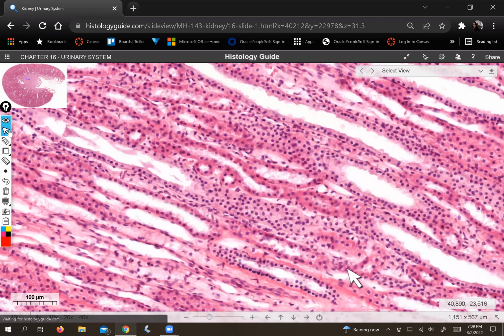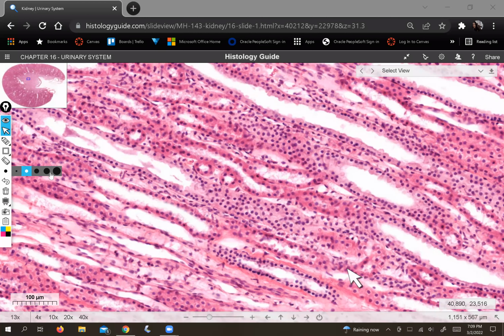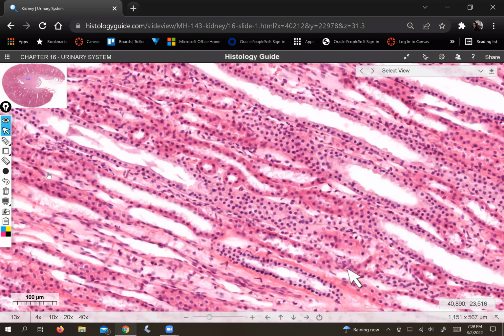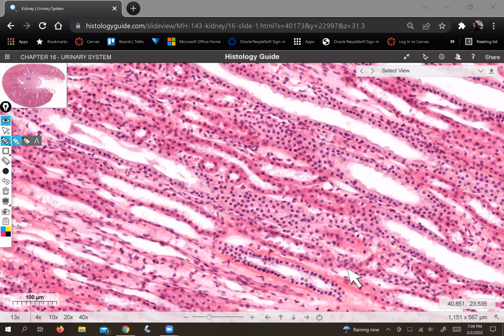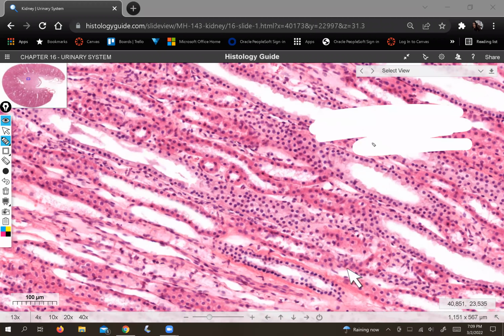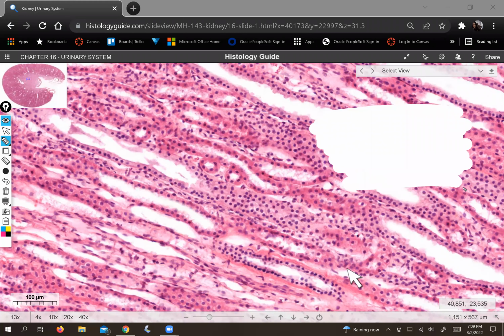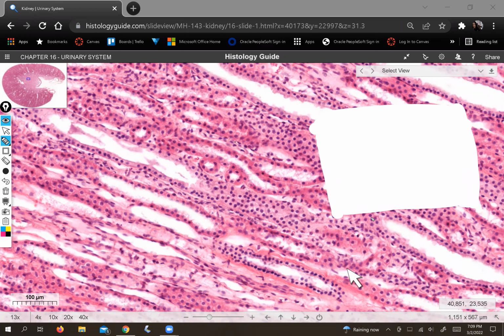Let's actually zoom out just a little bit. Okay, so first things first, it's helpful to make a list for yourself of, okay, I know I'm in the renal medulla. What kinds of tubes do I expect to see here? I'm just going to make myself a little area to draw, like so.